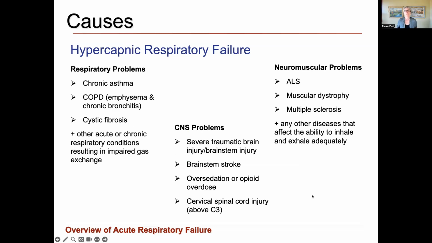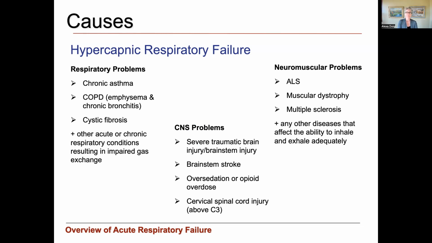All right, so then again, in hypercapnic respiratory failure, they're all going to have hypoxemia, but hypercapnia becomes pretty much absolute. So there's usually carbon dioxide retention in these diseases. So it tends to be these chronic respiratory diseases: chronic asthma, COPD. And again, remember, COPD is just an umbrella term for two main diseases, emphysema and chronic bronchitis, that are very different from each other.